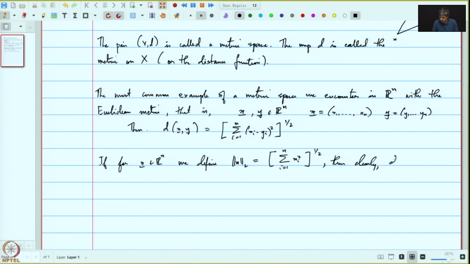Then clearly d of x comma y is equal to the 2-norm of x minus y. And to check that this defines a metric, we need the following proposition. It is precisely the following proposition.